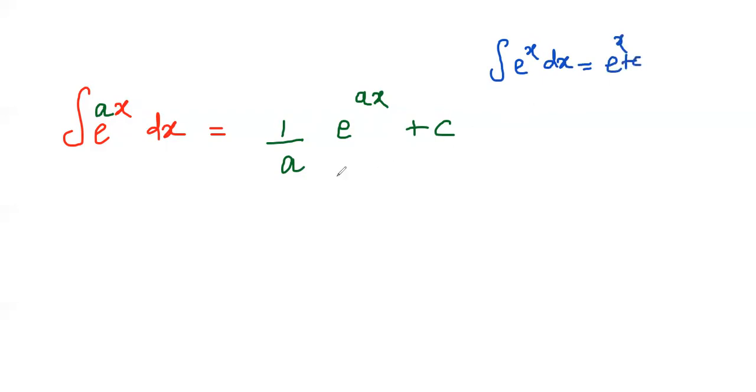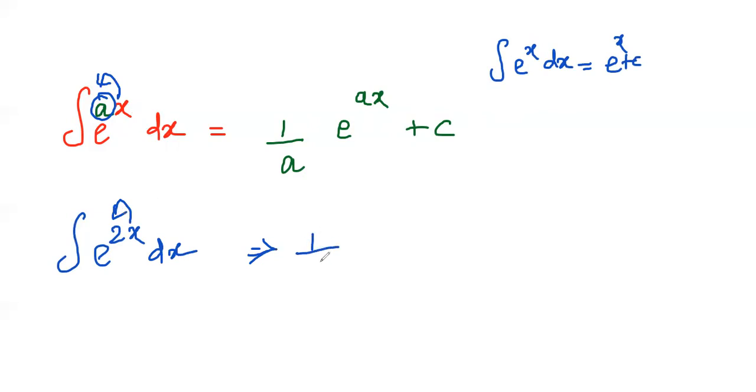But sometimes they will ask you to solve e power 2x. This a is nothing but the coefficient of x. So you write the coefficient in fraction form, like 1 upon 2, and then e power 2x plus c.